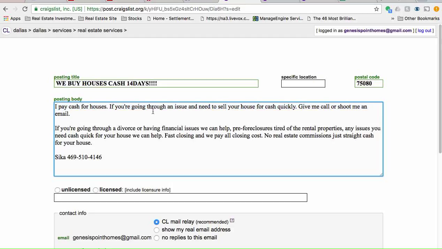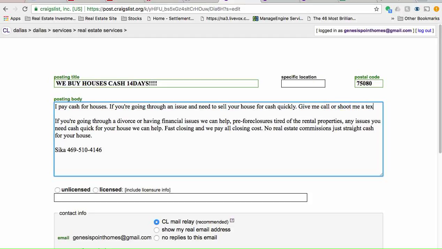I pay cash for houses. If you're going through any issues and need to sell your house for cash quickly, give me a call, send me a text, or send me an email.